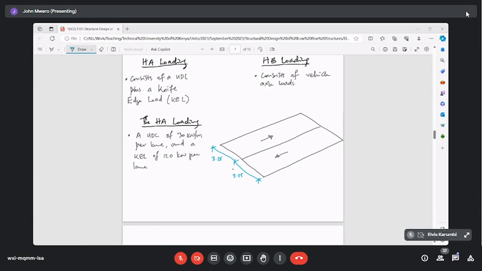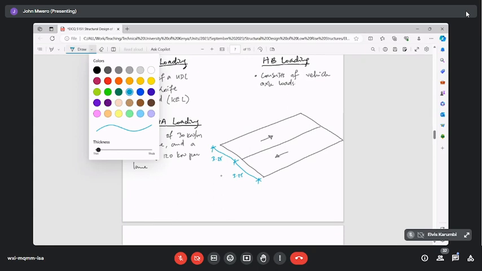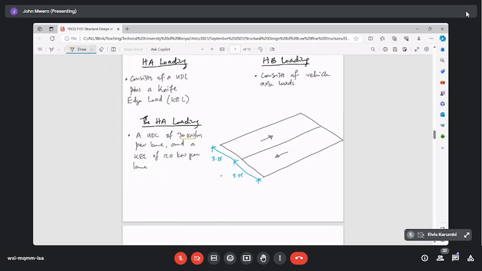Okay. So we will take the 30 kilonewtons per meter per lane. That lane will be loaded by 30 kilonewtons per meter. So if the lane is 3.25 or 3.5 or 3, whatever, each lane will need to carry 30 kilonewtons per meter as part of the HL loading.